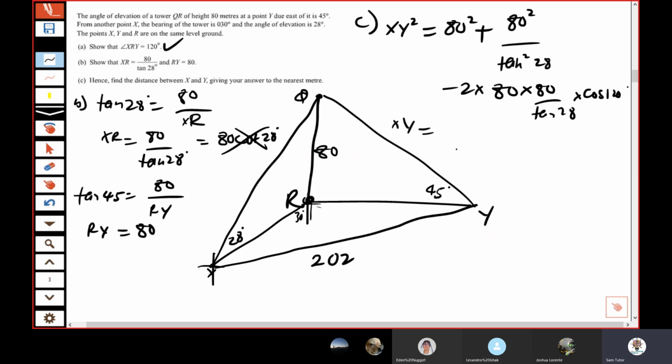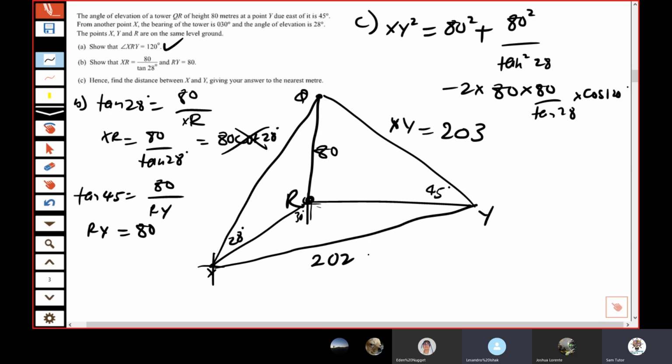Plug it all into our calculator: 80 squared plus 80 on tan 28 squared minus 2 times 80 times 80 on tan 28 times cos 120. Then you get an answer. You square root it, and I think you are on the money. 203 though.